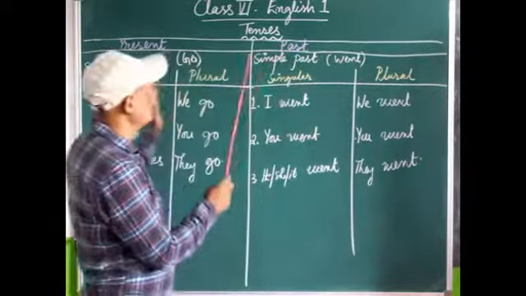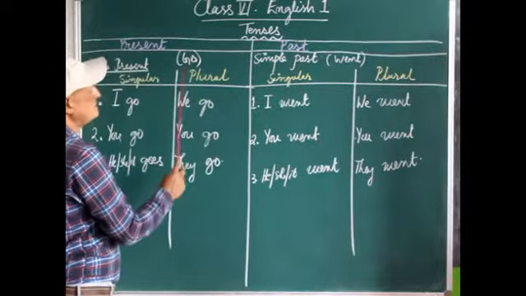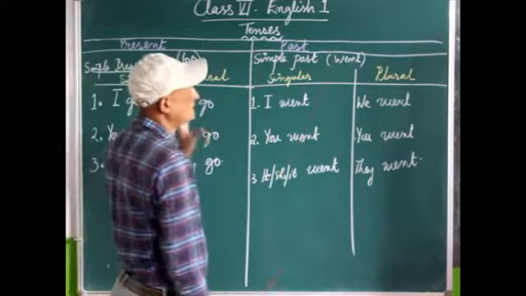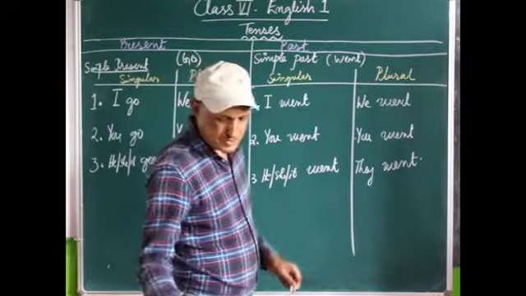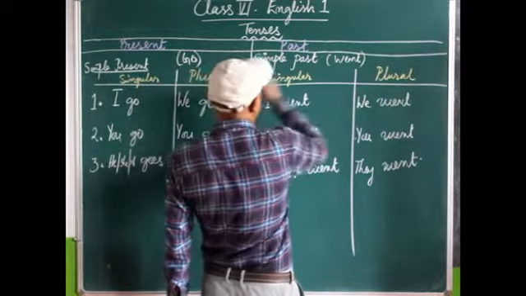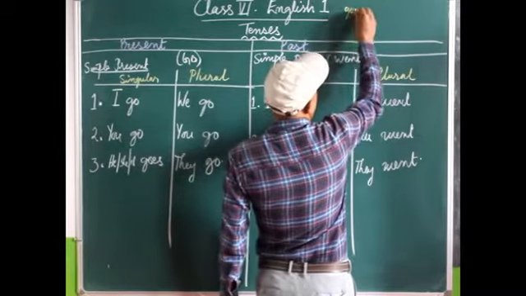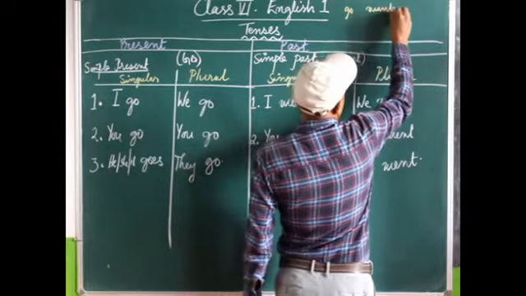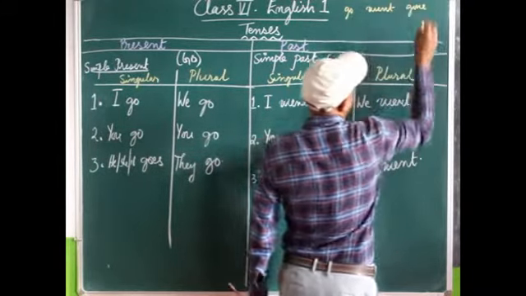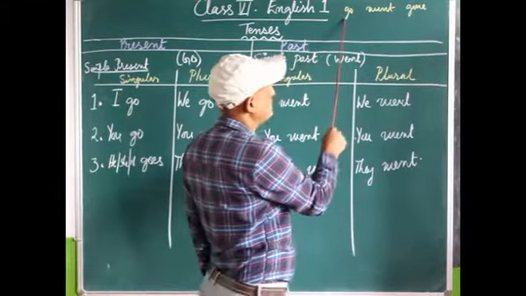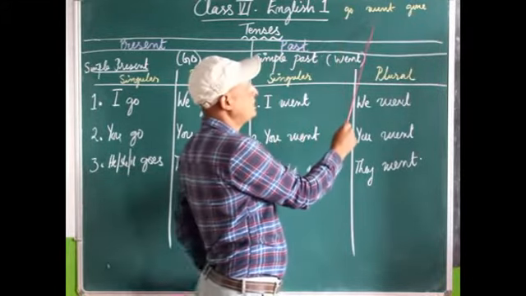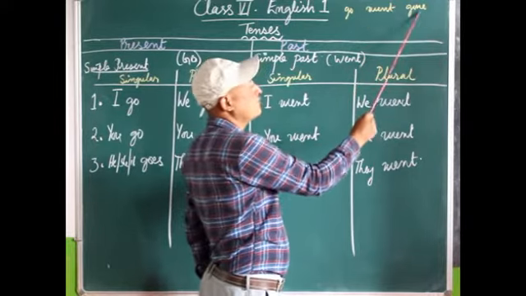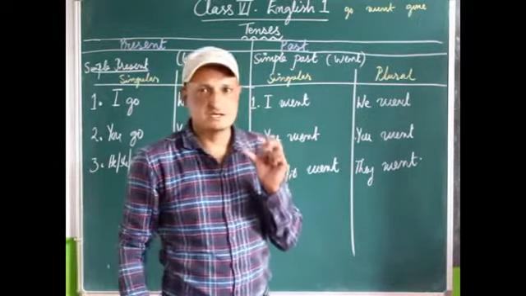Simple thing, in the simple past, we write the simple past of the given verb. The verb that we took was go. Go, went, gone. That means go is the root form of the verb, went is the past tense, and gone is the past participle.